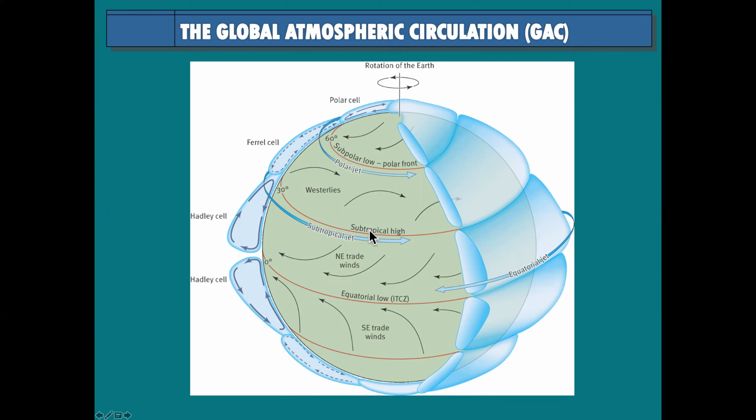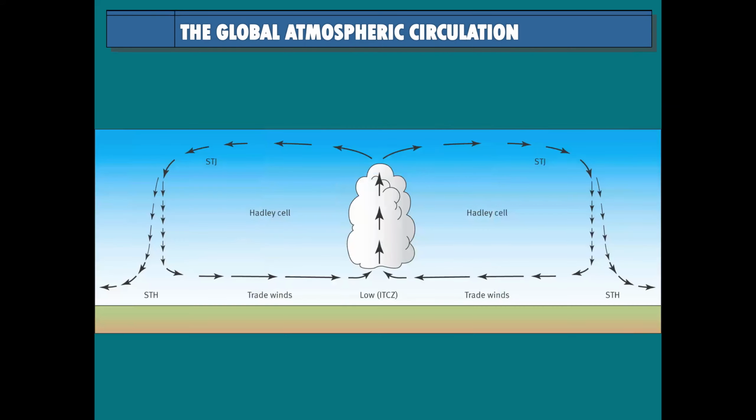You tend to have high pressure near 30 degrees north or south, low pressure near 60 degrees north or south, and high pressure at the poles. In the end, the atmosphere isn't this simple, but this simple model helps you to understand the basic patterns that you are likely to find.